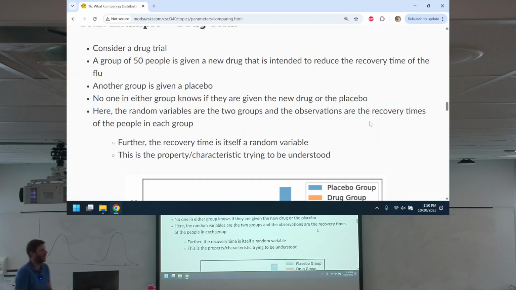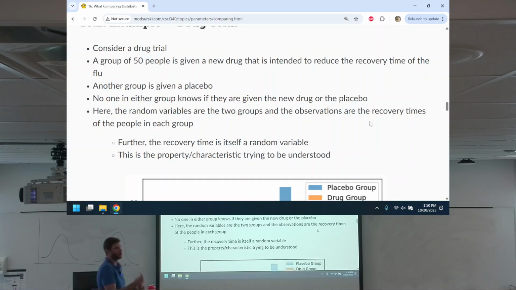You may have also heard of double blind, where the people administering it don't know if it's a placebo or not either. Double blind is pretty common as well. Often all of the identifying personal information is stripped before anyone does any analysis. Cool. So another group is given a placebo, and so 50 people get the drug, 50 people get a placebo, let's say.